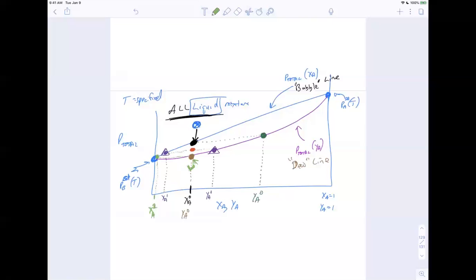And so what that means is that everything on the bottom of that purple curve is all vapor. So that's the all vapor regime of our phase diagram. It's still a mixture, remember, but it's all vapor, analogous to what we had at the top, which is all liquid, but still a mixture.